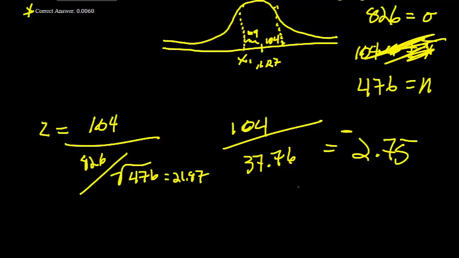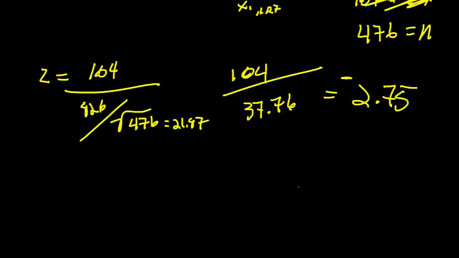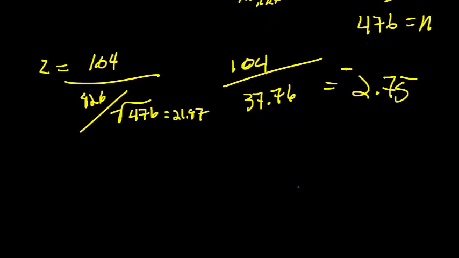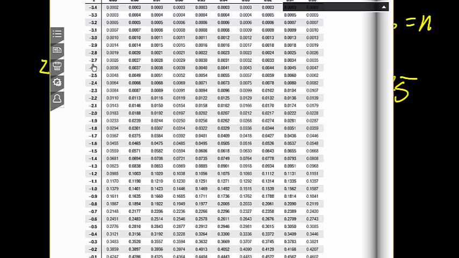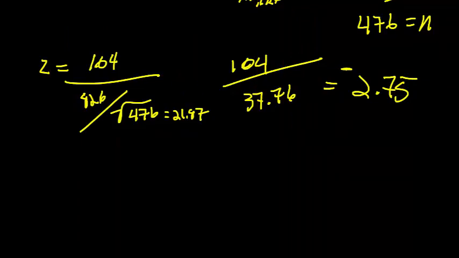Yeah, something's weird, but that's negative because it's on the left-hand side. All right, let's go looking through the z-table. 2.75 is 0.0030. So that's the left tail.